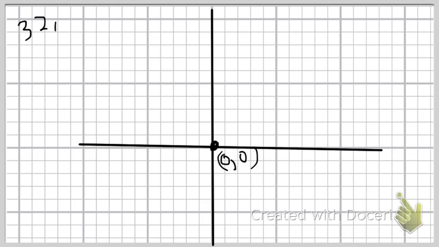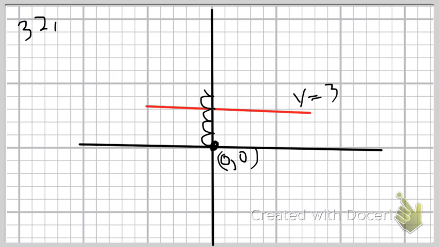So we're going to start off, and our first line is y equals 3. Right there. That's y equals 3. We know that y equals 3 is a horizontal line, which means that the reflection is just going to go vertical. So we're going to go up 1, 2, 3. That's halfway.